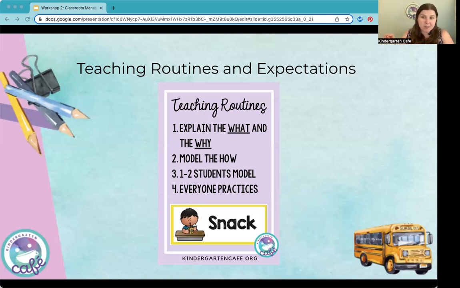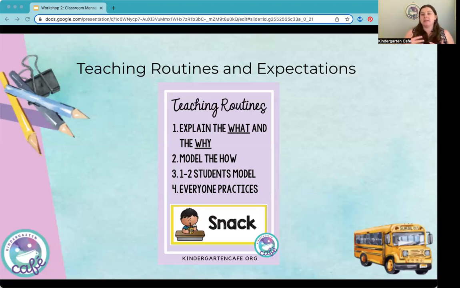Hey, you did all the steps in your morning jobs. That's fantastic. You remembered your folder today. Great job. So it's telling them what it is you want, reminding them of the routines and reinforcing them when they do follow the routines, when they do follow the expectations.